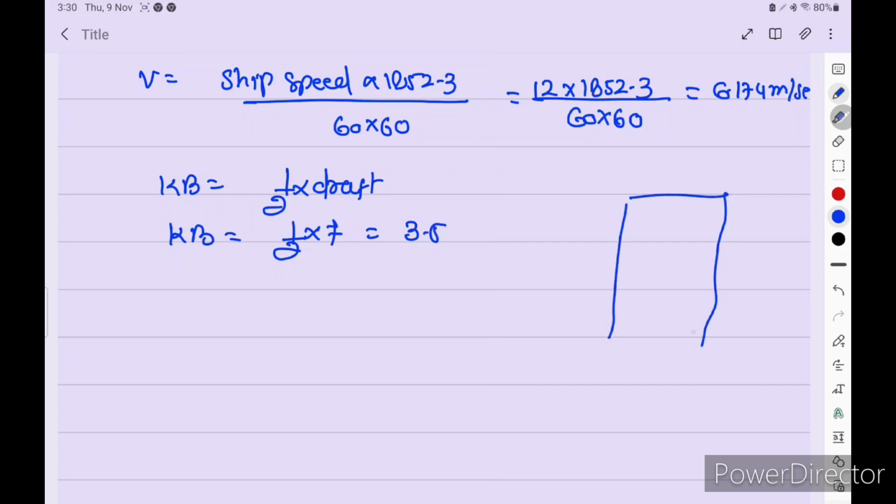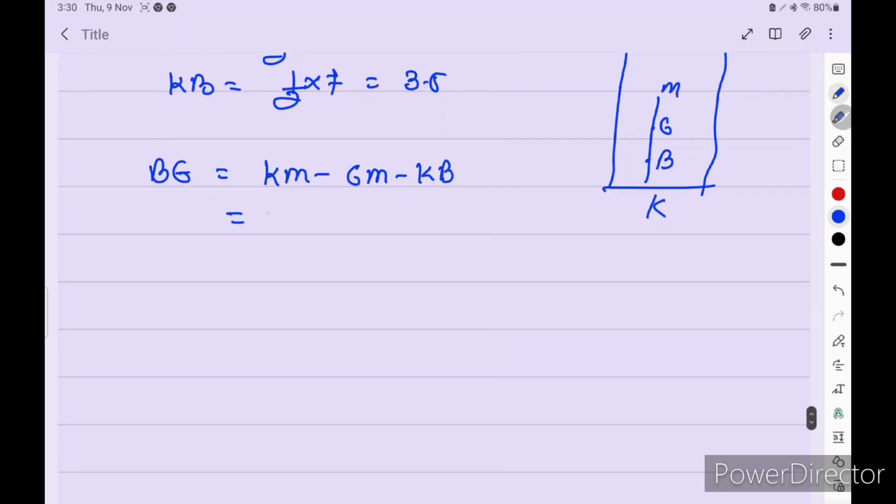Now make the diagram, put the value, you can find out the BG. So BG is equal to KM minus GM minus KB. So 7 minus 0.5 minus 3.5 equals 7 minus 4 is equal to 3 meter.